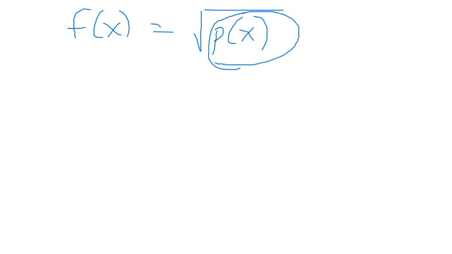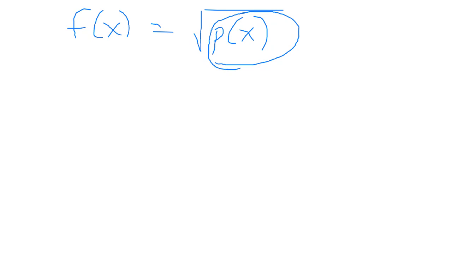So if I have f of x equals square root of p of x, my domain is a set of possible x values. Now, with my p of x, which is under the square root sign, if this function gives me anything less than 0, then what happens to my function? It's going to be a problem, because the square root of a negative number is a problem. I don't want that.